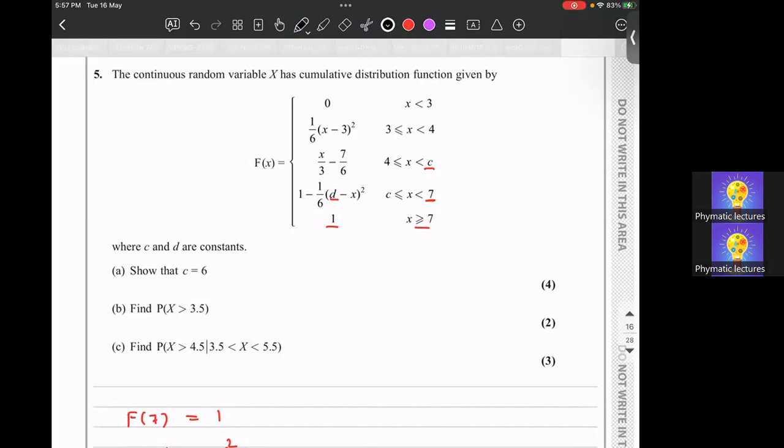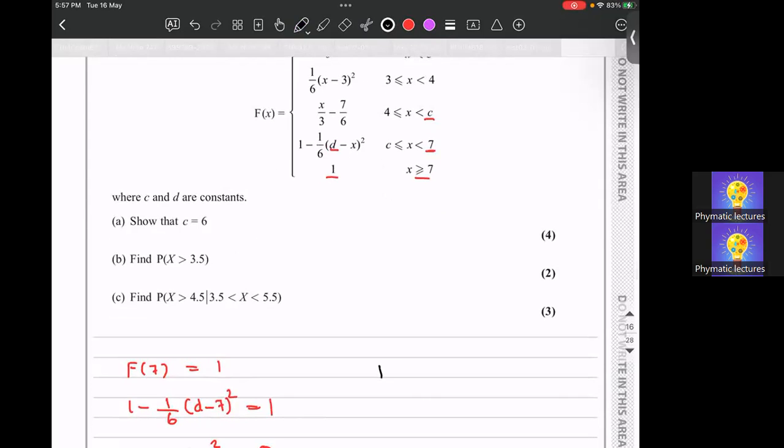Now, we know that the cumulative distribution function from 4 to c is x by 3 minus 7 by 6, and from c to 7, it is 1 minus 1 by 6 into (d minus x) whole square. So you can calculate the value of F of c using these two different equations.